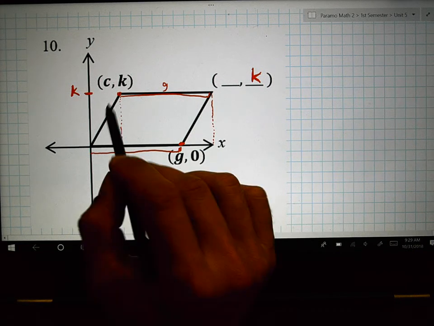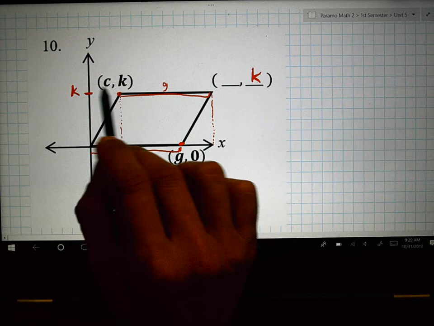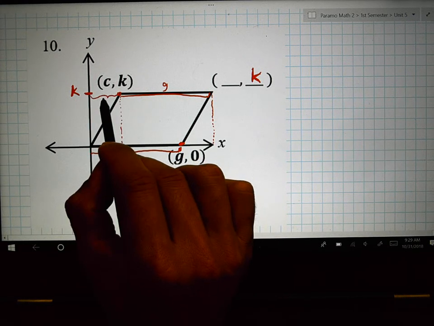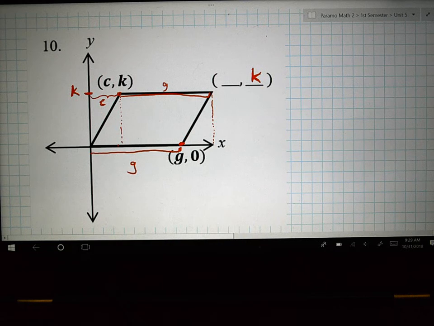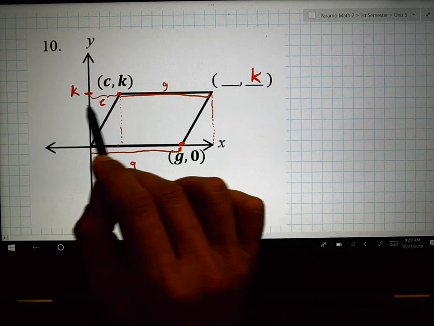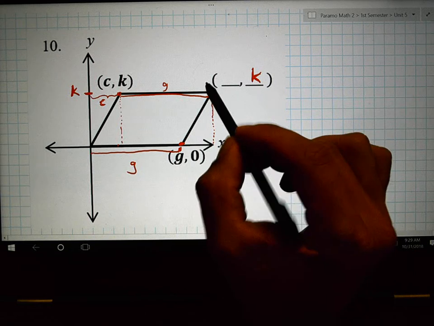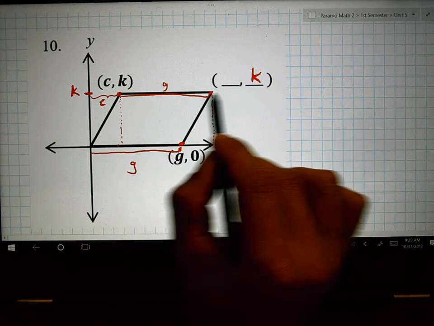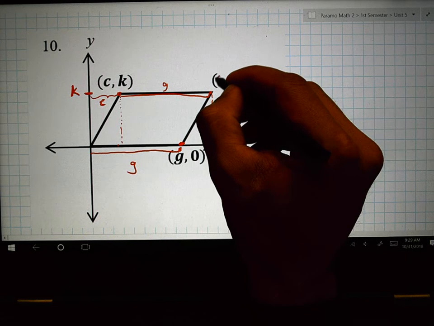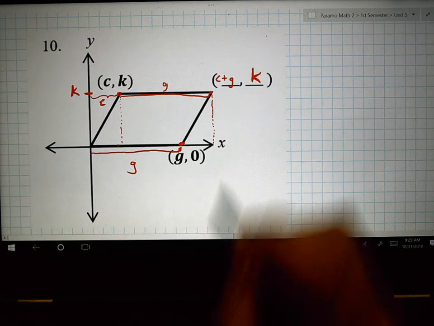But how far did we go to get to this corner? From here to here, we went horizontally c units. I went c units to get to there. I have g units there, and a c and g. So this corner has to be what for my horizontal distance? It has to be c plus g.